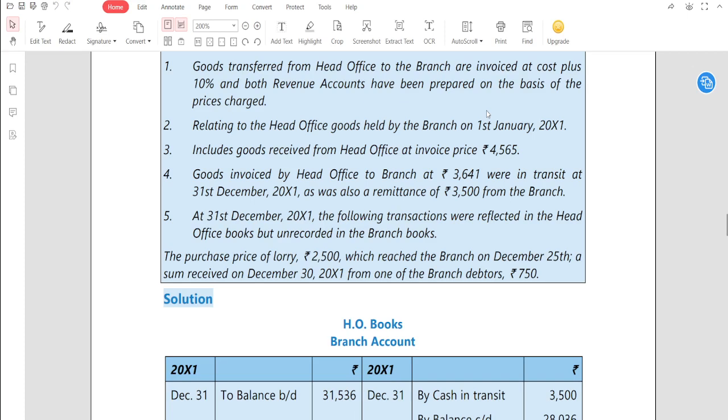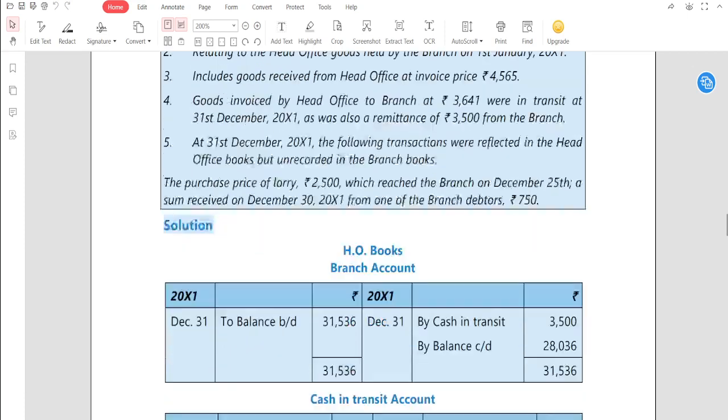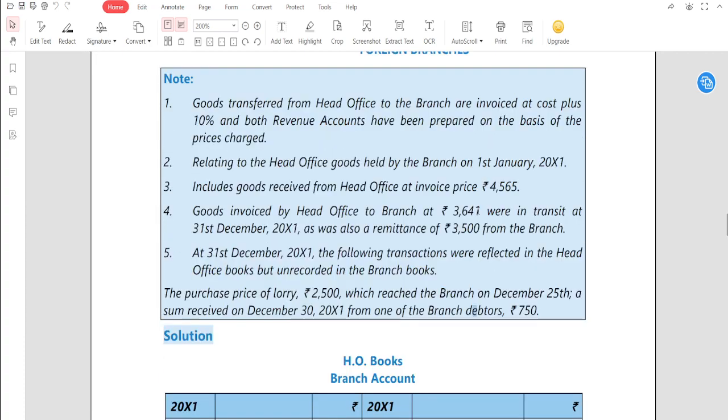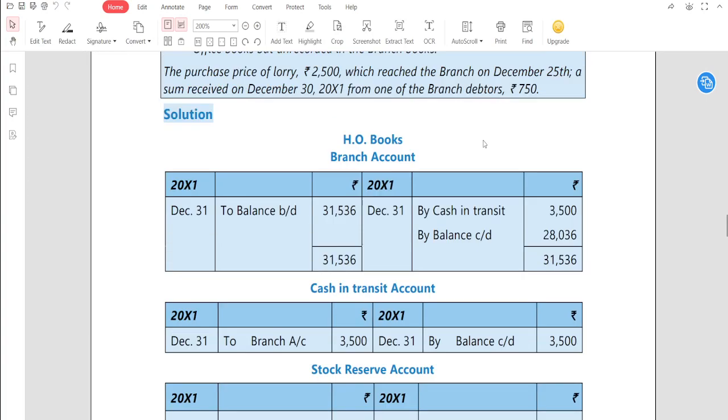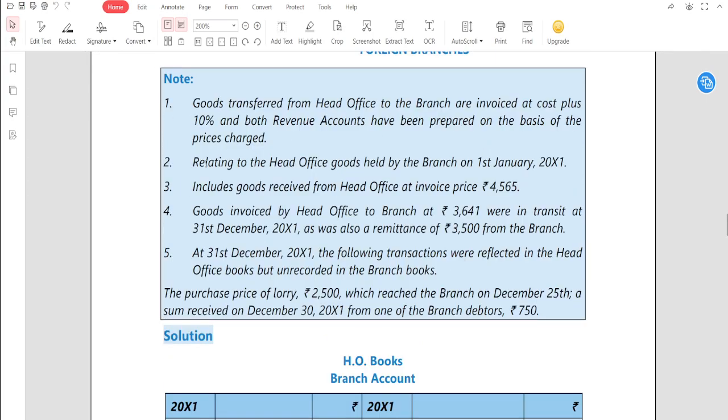Now next, the goods invoiced, that is also done. This is not required because this is branch book specific. So what do we need to do? First of all, we have plotted 693 in the stock reserve account. Now go above, guys. In the opening stock, HO sent goods amounting to rupees 4565, in which profit is included. We cannot put the profit in our own books; rather, we are going to unload it through the stock reserve.